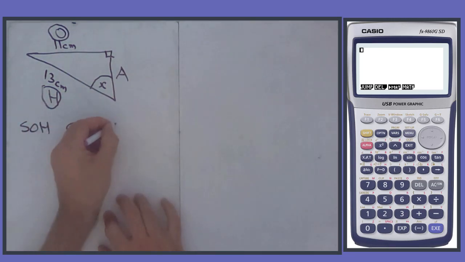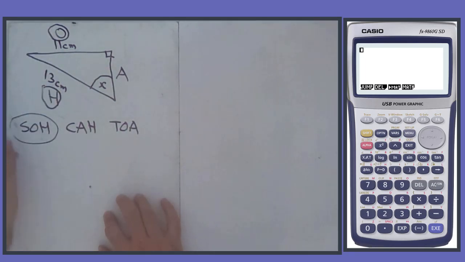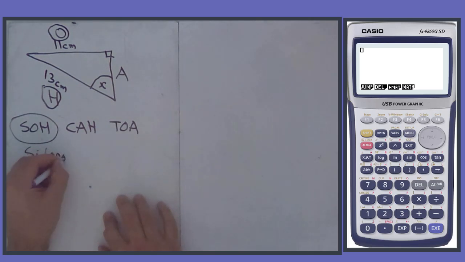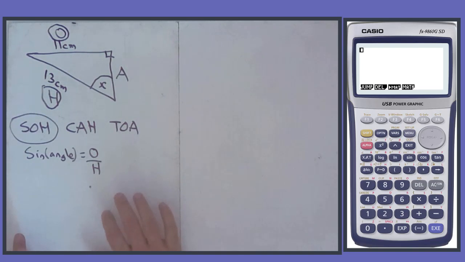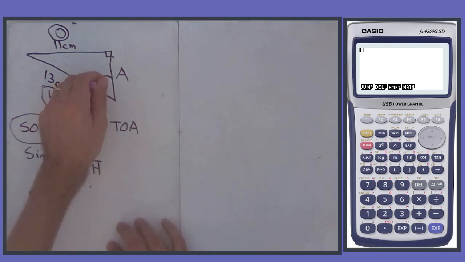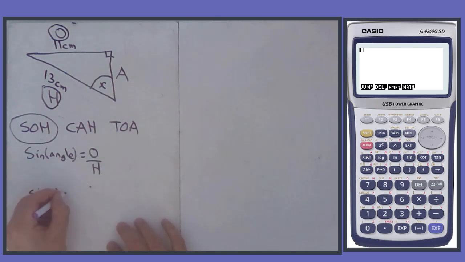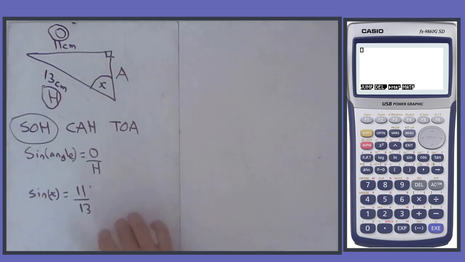You need to decide which one of these words involves an O and an H, and you can see it's SOH. SOH means sine, and it means sine angle equals O over H. You don't need to write that, but you really should write this next bit. So sine angle, the angle is x, equals O, the O is 11, over H, H is 13. Right, so now we've formed an equation.